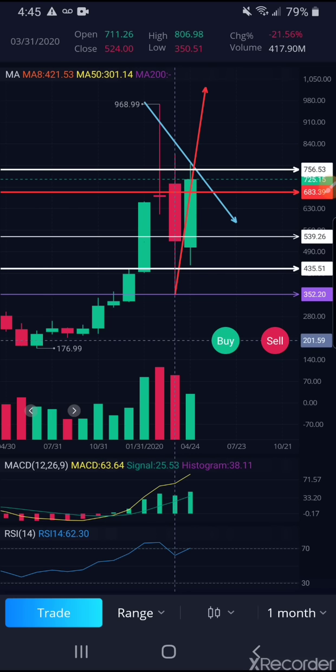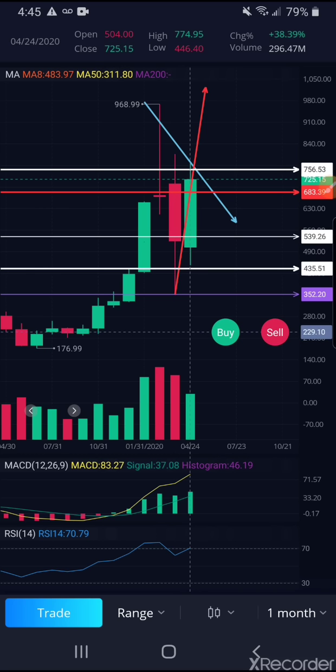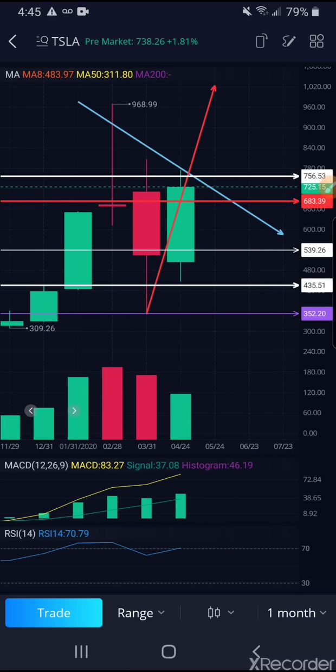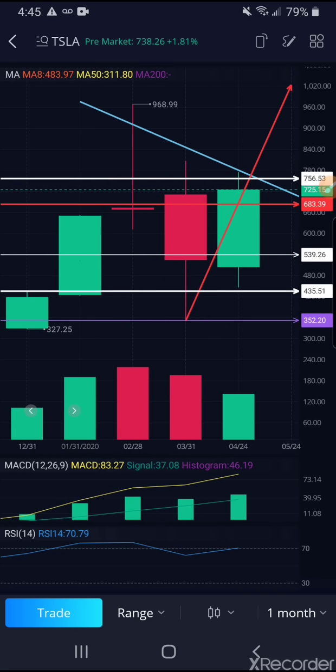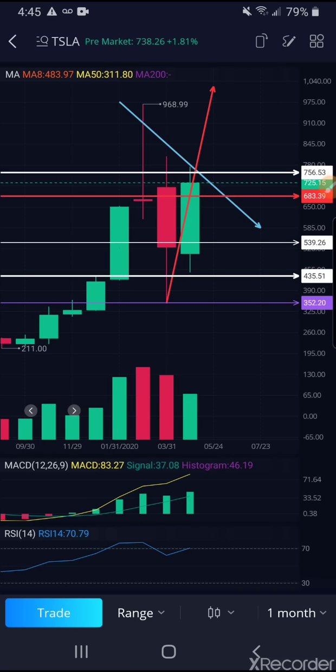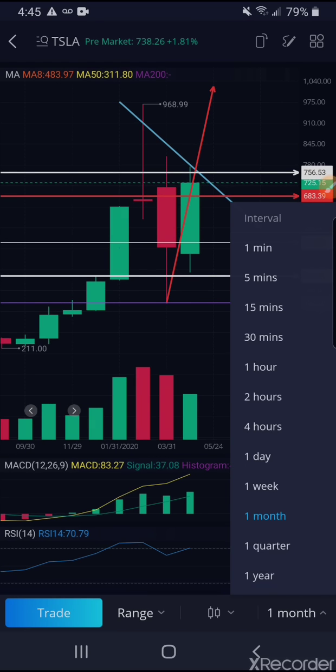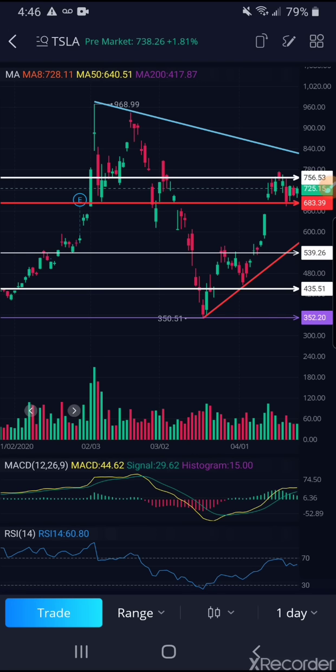Right here. Look at this. And then this next one opened at 504, just dirt, and then rose all the way back to 774. So could we clearly see Tesla blow back up to the 900s? Sure. But I'm not convinced yet that we'll see that. If Tesla has great earnings, it's absolutely possible.